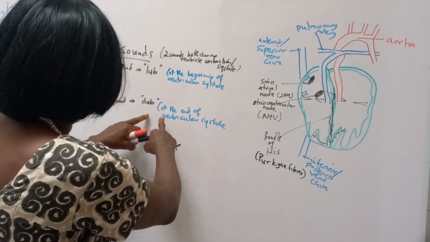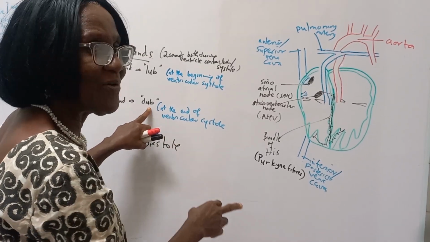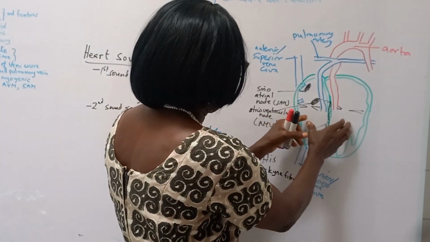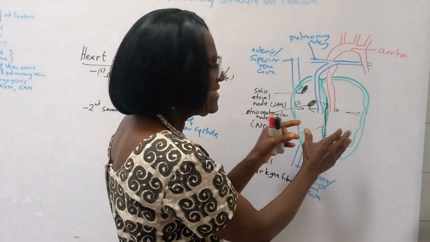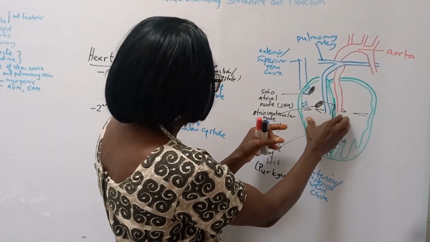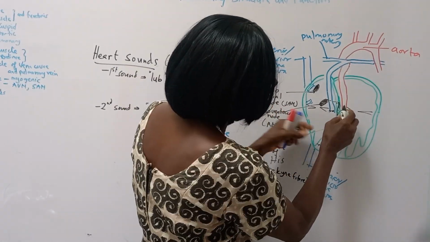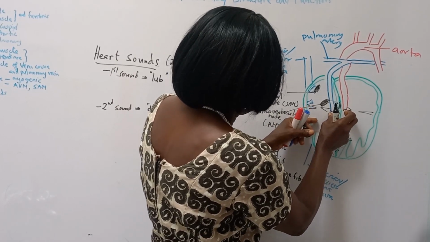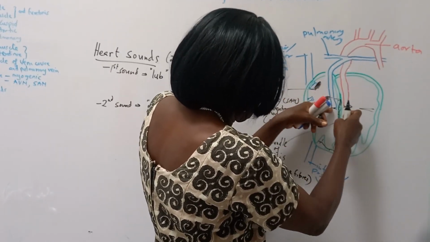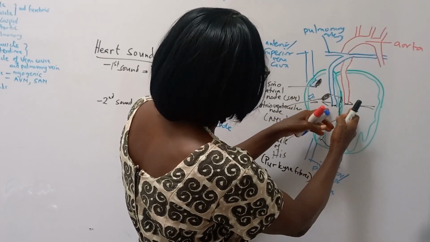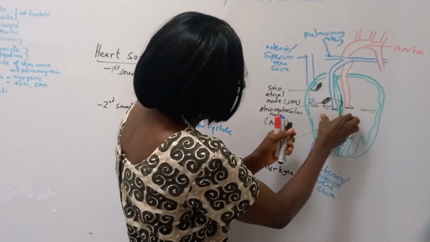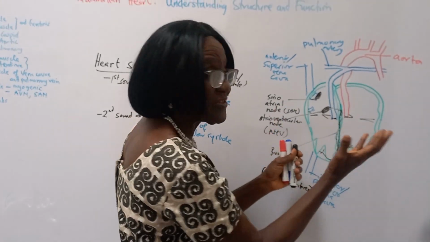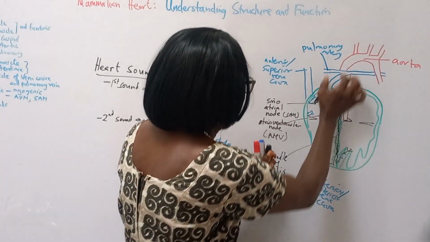Now, the second sound is the dub sound. And this dub sound occurs at the end of the contraction of the ventricles as the aortic valve and the pulmonary valves close to prevent a backflow. So at the end of the ventricles contracting, as the ventricles contract, blood will flow out.